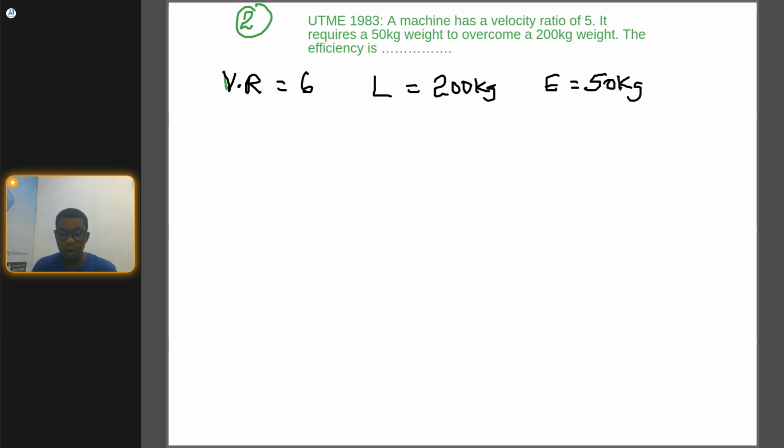All right, the load is 200 kg, while the effort is 50 kg.